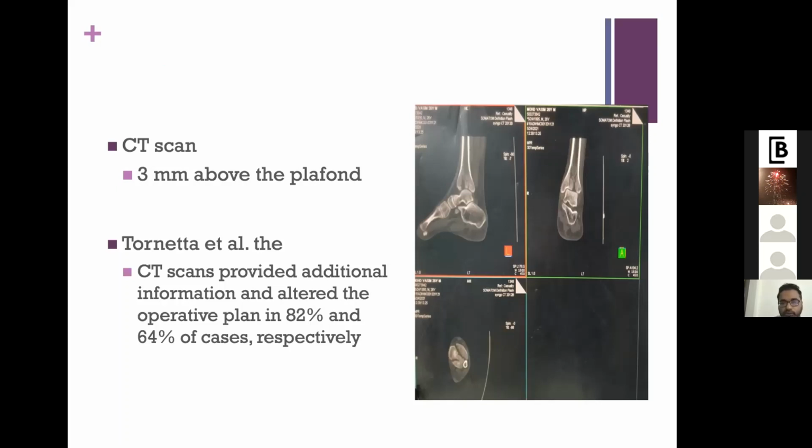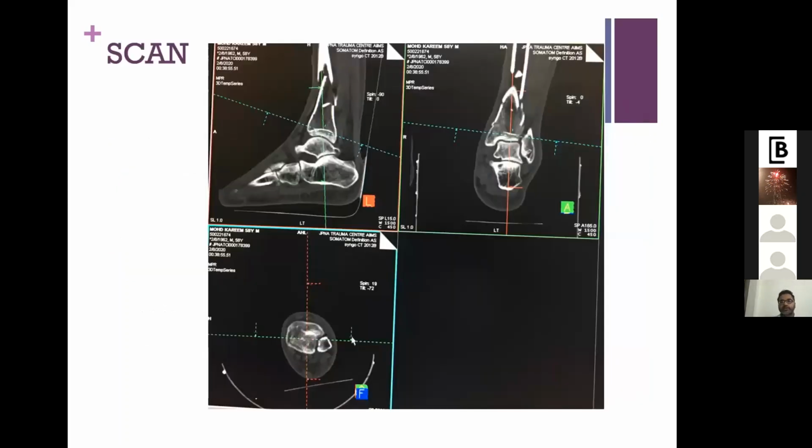I'll show some examples of how you should read it. This is one such example. The long axis is parallel to the tibia, and the other is parallel to the joint line, 3 to 4 mm above the joint line. Then you should plan. You should see where the fracture lines are going, whether anterior or posterior, and further divide how the fracture pattern is.